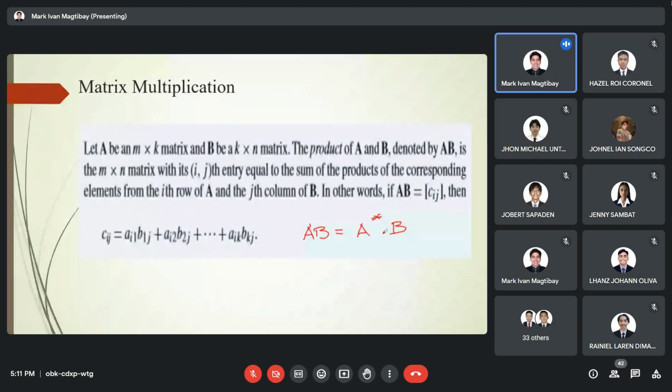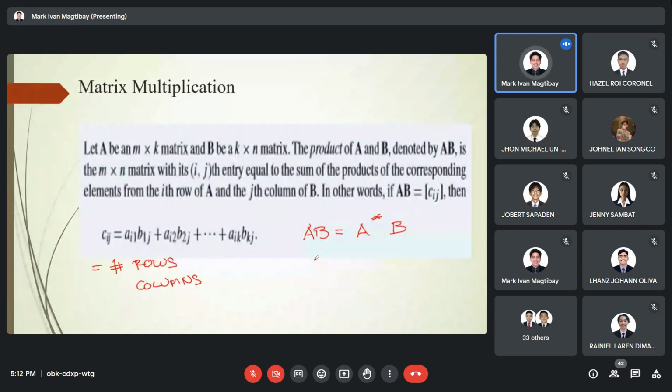Okay? Na may isang rule po tayong kailangan tandaan. Okay? Kung sa addition at sa subtraction po, kailangan po equal yung number of rows and columns before tayo mag-proceed sa pag-ooperate.